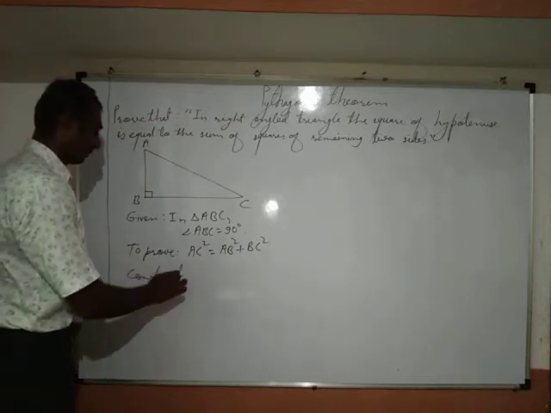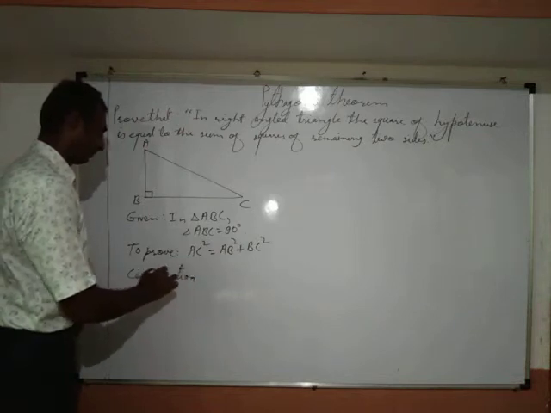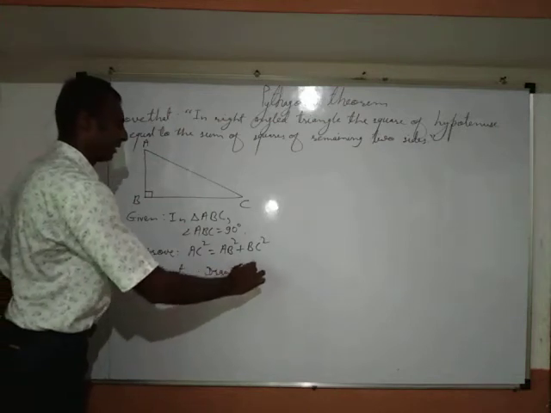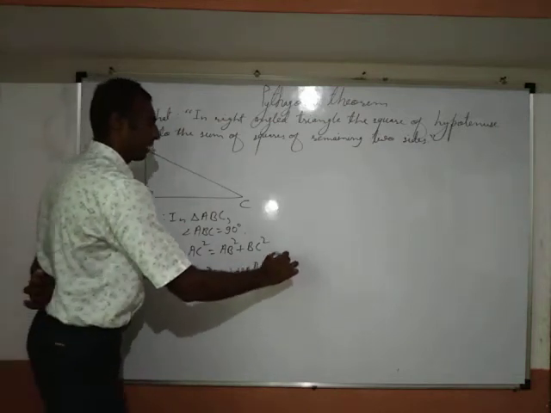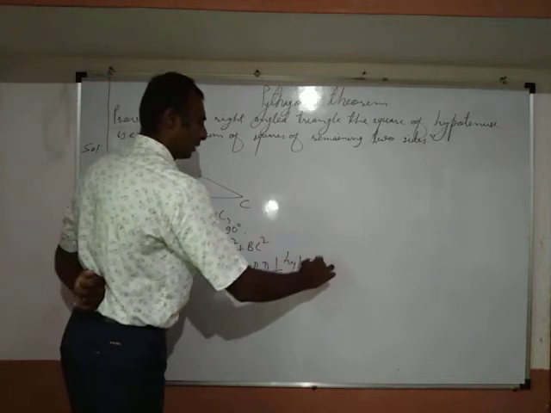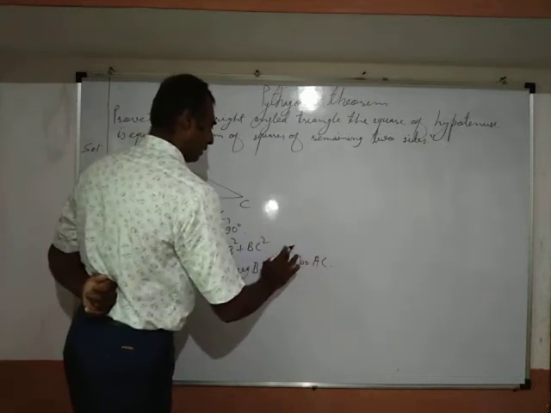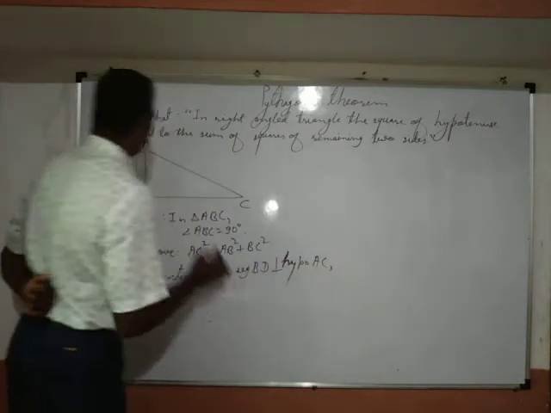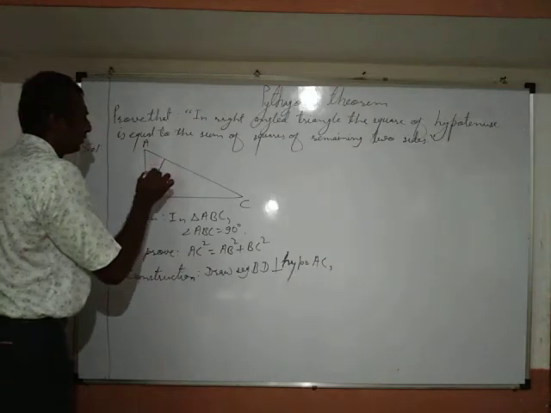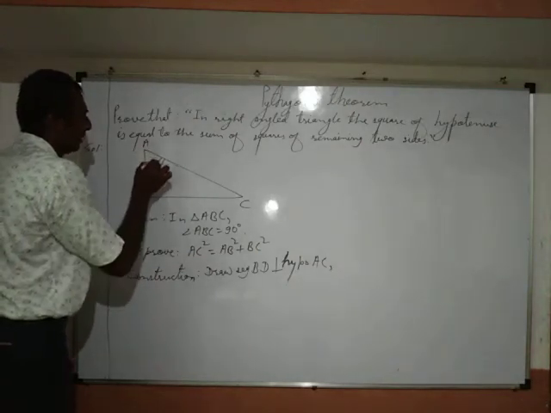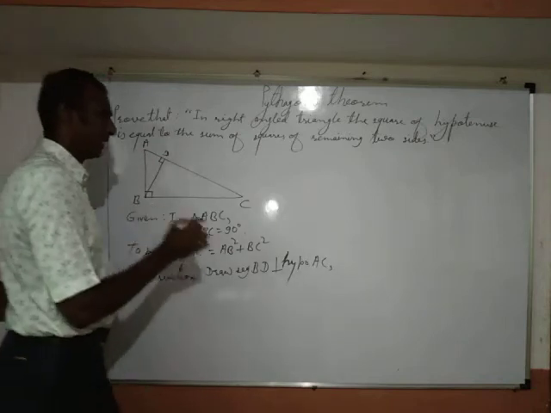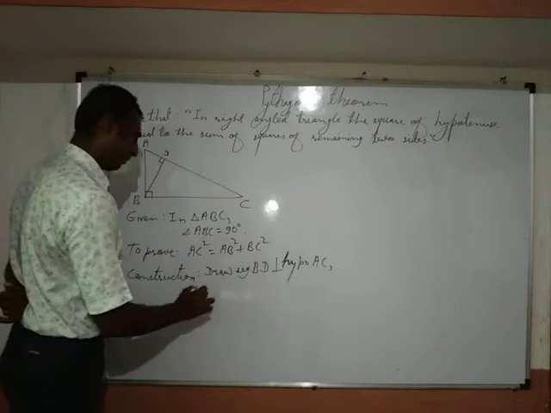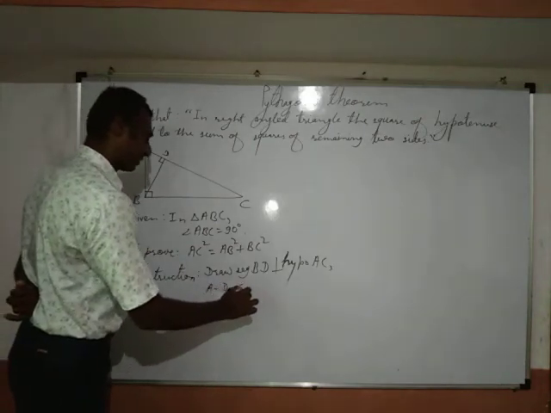Construction: draw seg BD perpendicular to hypotenuse AC. And due to that, there is a betweenness A-D-C.